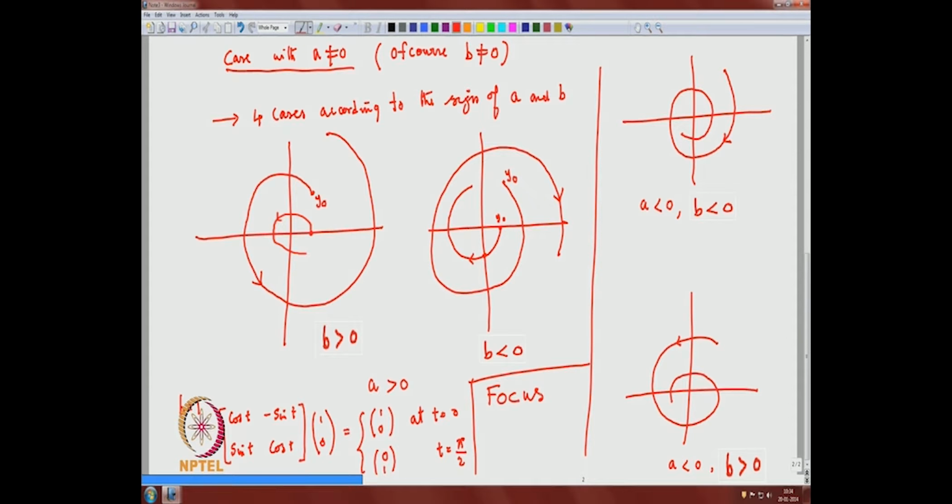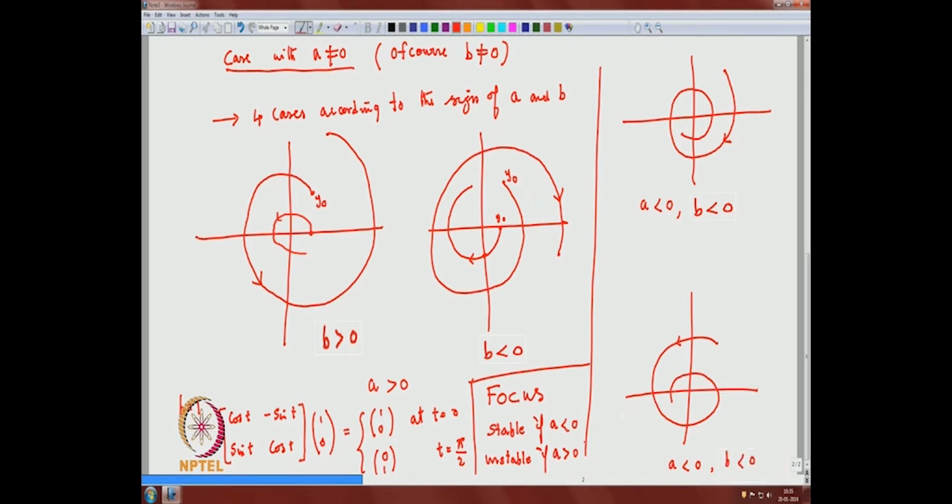It is a stable focus in all these 4 situations. We call the equilibrium point a focus, and stable if A is negative. So it depends on the real part of the eigenvalue. The stability always depends on the real part of the eigenvalue, not the complex part.